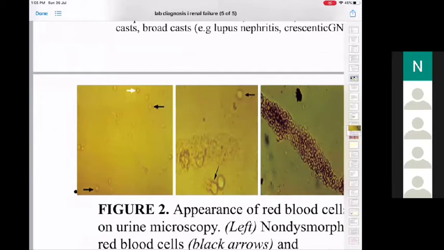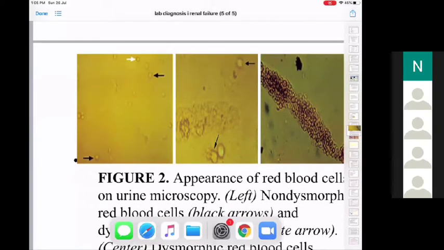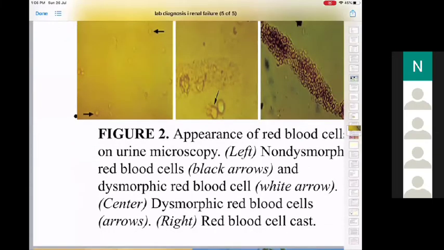This is RBC, which may be present in urine in hematuria. In the second picture you see there is RBC, but this RBC is dysmorphic. And third, there is a cast, meaning there is a group of RBCs present in a straight or parallel line. So this is called a cast, that is, a red blood cell cast.